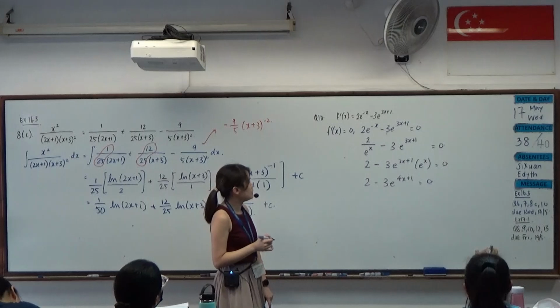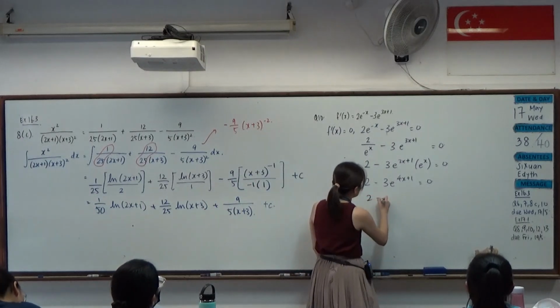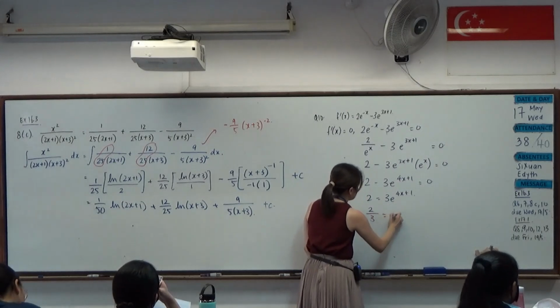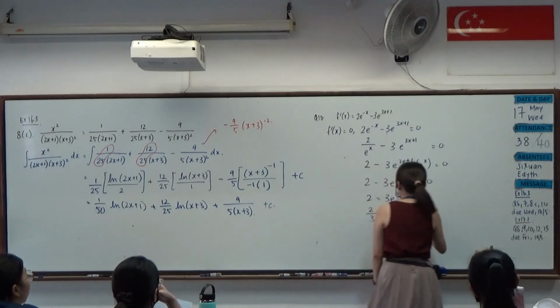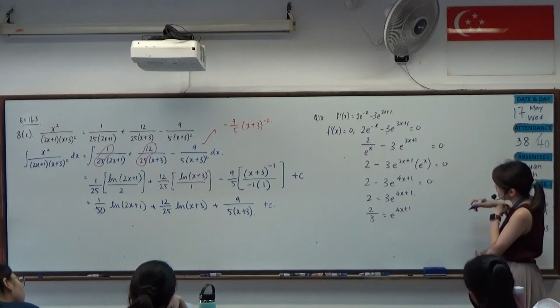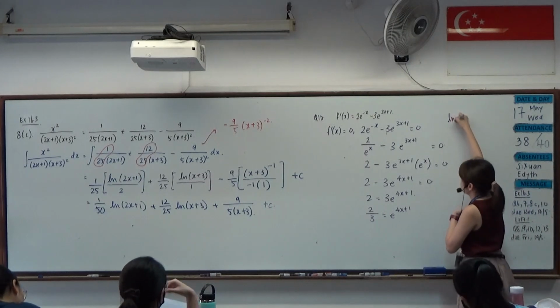Then we will arrive at e to the power of 4x plus 1 equals 2/3, and we can apply ln on both sides.